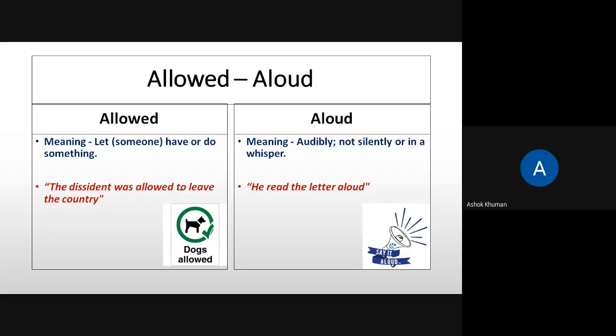Because of coronavirus today, children are not allowed in the malls or at any public place. Aloud means speaking aloud, reading aloud in that way. So you have more examples of homophones.